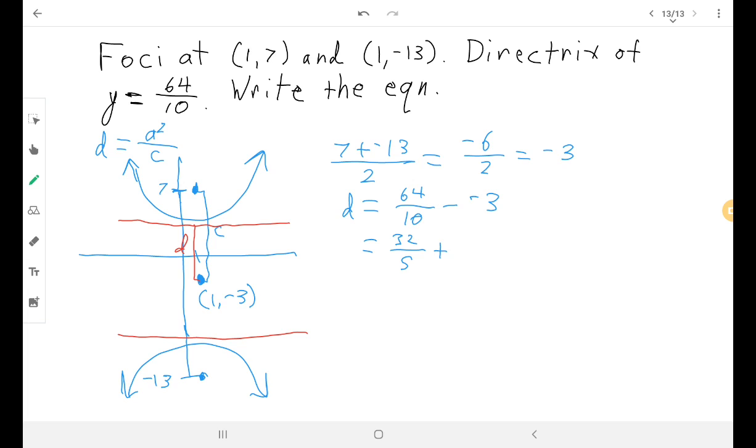Minus negative is like plus. That is, negative times negative is positive. You can think of it that way too. And then 3 over 1, if I multiply that by 5 over 5, gives me 15 over 5.